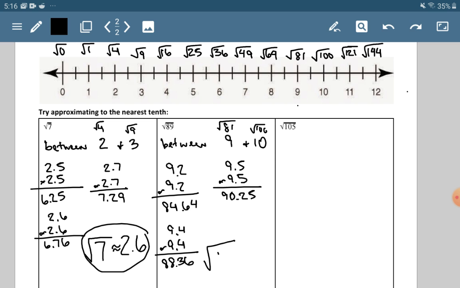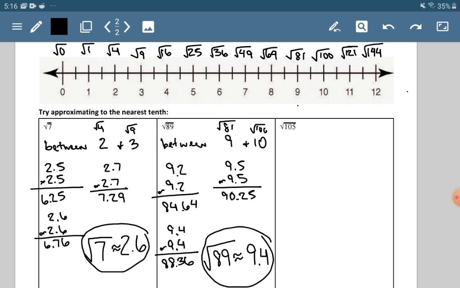So the approximate square root, which means I'm using that wavy equal sign, of 89 is 9.4. Some people like to put that 88.36 there as the answer. That's not your answer. I want to know what we multiplied to get close to it, and I multiplied 9.4 times itself. So that's the approximate square root.